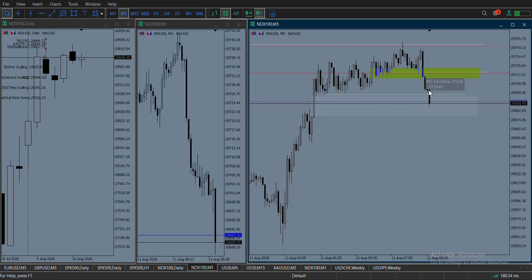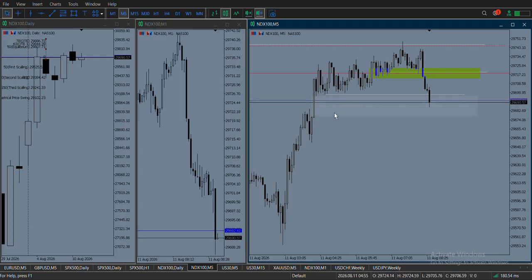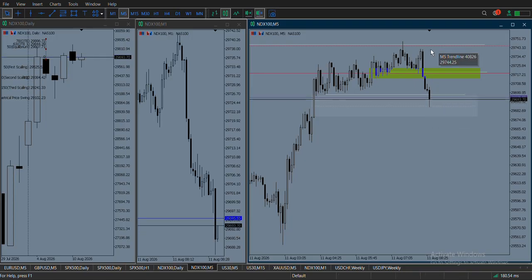Now that we've had this kind of price action, with this inefficiency here, I'm looking to see what price wants to do with it. Does it find support on the midpoint of that inefficiency and then start trading back into this new week opening gap, or does it just go through it and then try to trade inside this range?